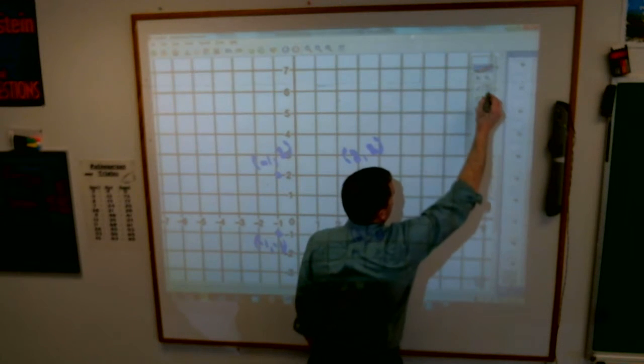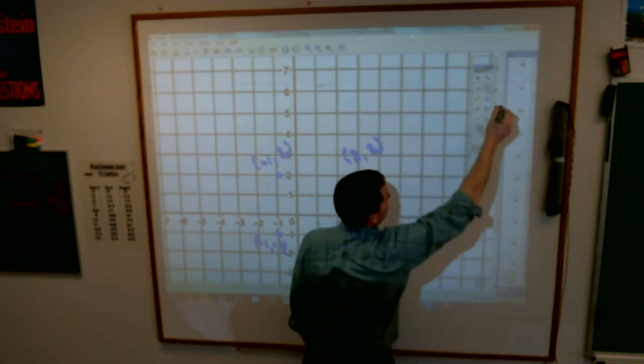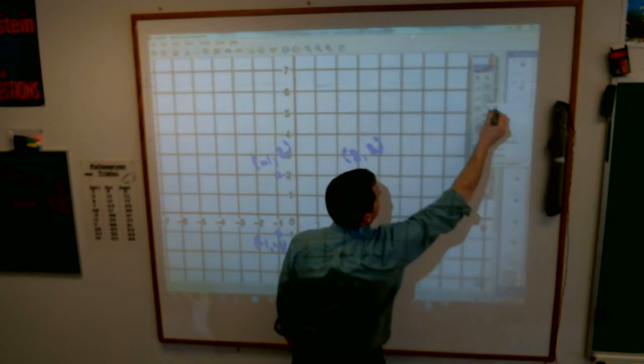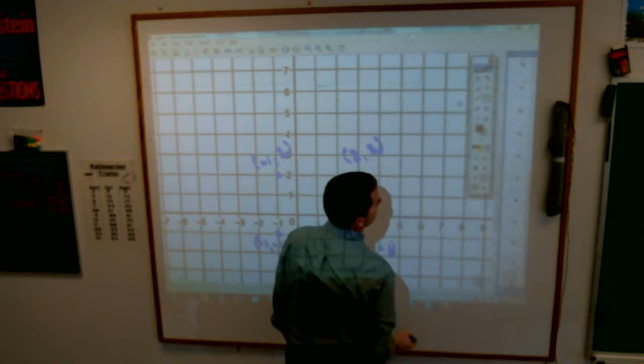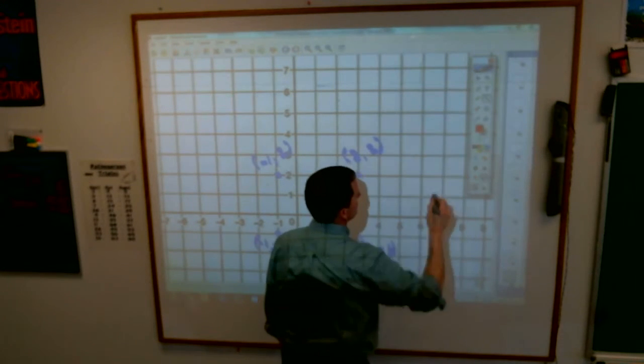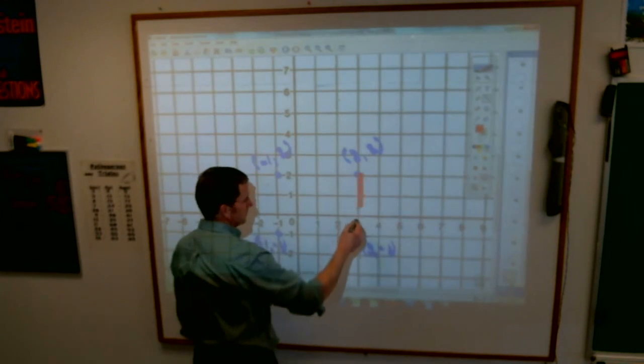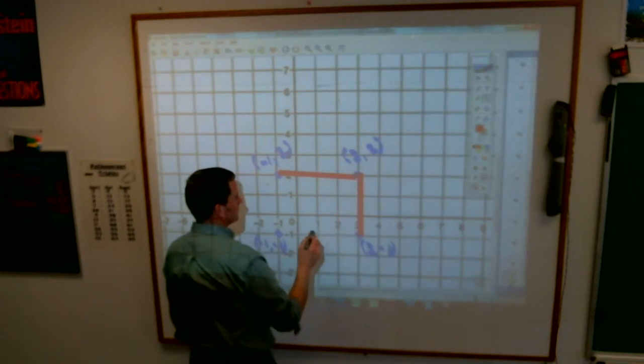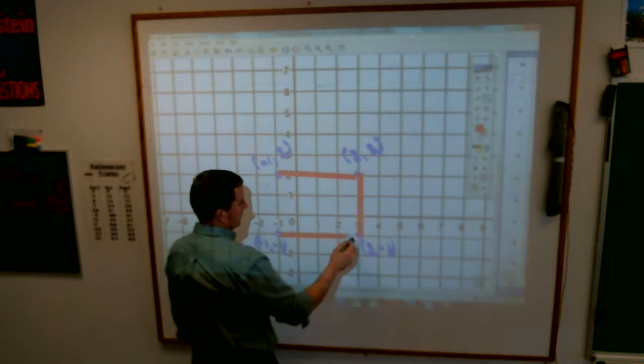Using my straight edge to draw lines. Let's go red. Be pretty thick. Straight line here. Line there. Straight line there.